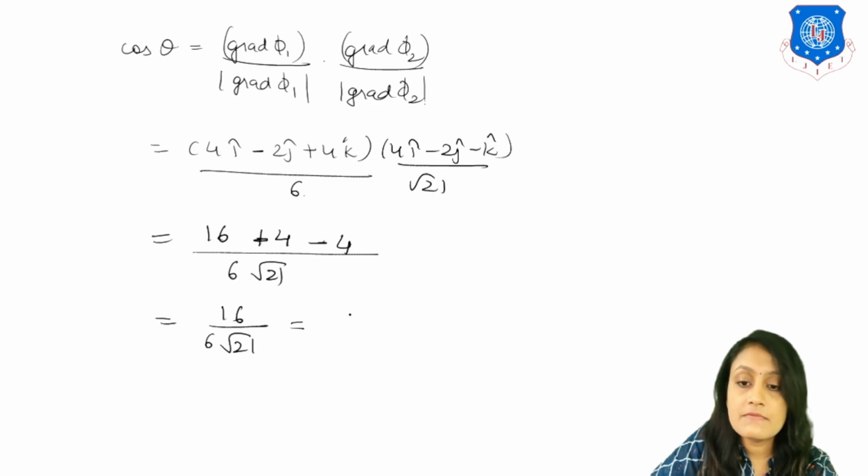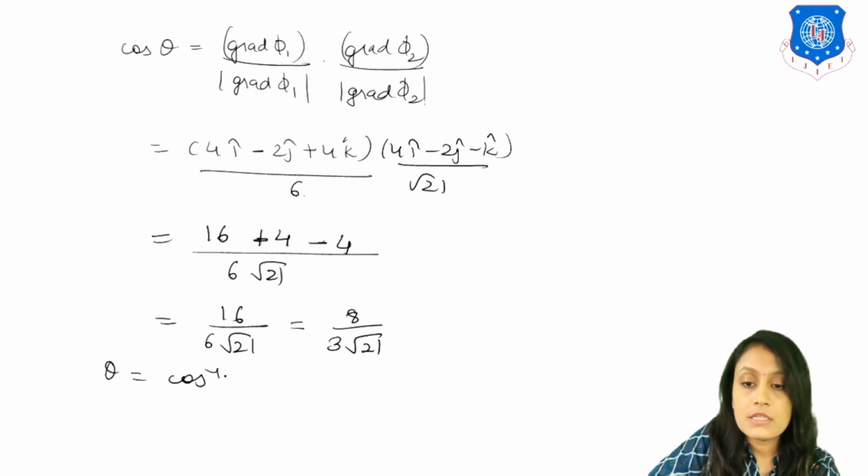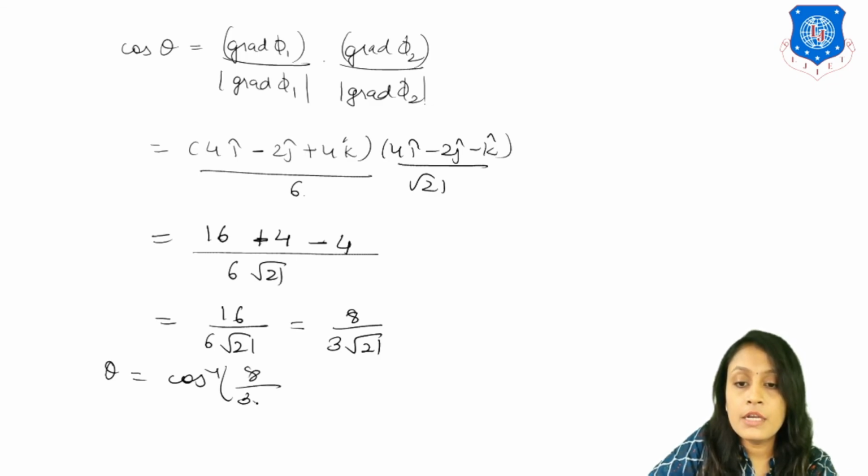We can simplify this further, so this is 8 upon 3 under root 21. So cos theta is this. So what is your theta? It is cos inverse of 8 upon 3 under root 21. In this way we can find the angle between two given surfaces. I hope you have understood throughout the session. Thank you for watching.